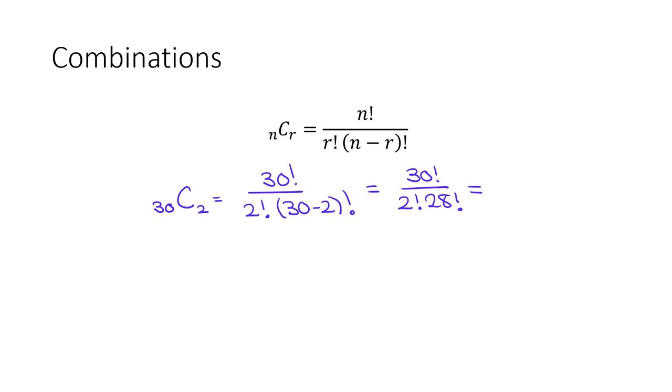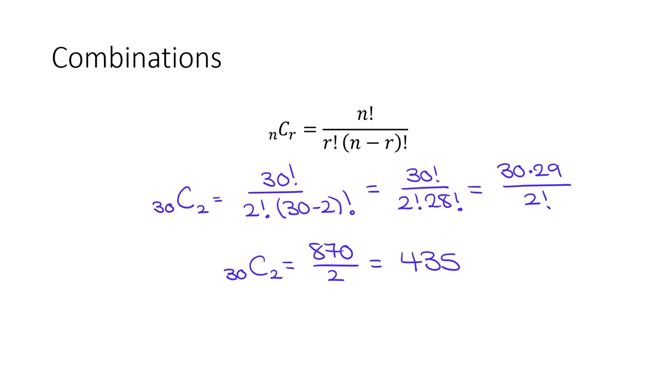And then I'm going to do the same kind of math I do with my permutations. I'm going to try to cancel out that 28 factorial. So that's going to cancel out all the numbers from 28 down. And so I'm just left with on the top the 30 times 29. Again, 28 down, all got canceled with that 28 factorial. And then I still have the 2 factorial on the bottom.